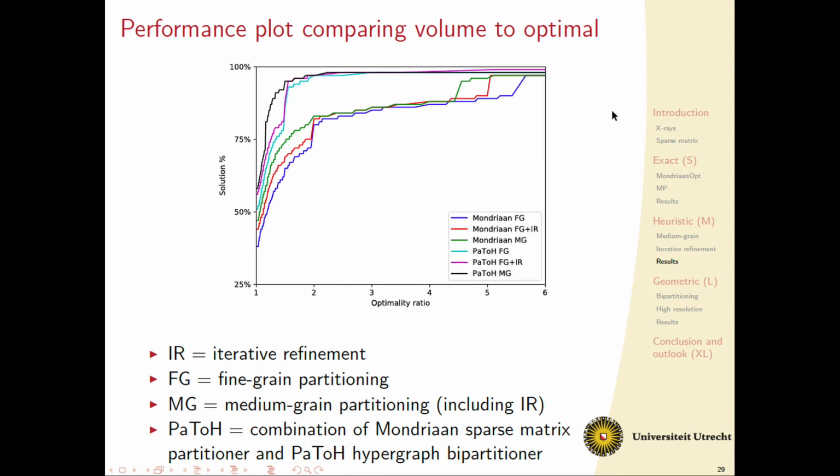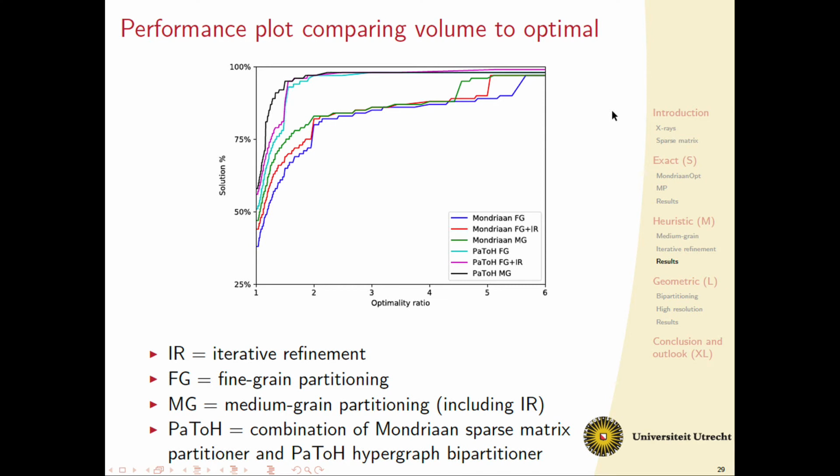For example, a 2 means that the total communication volume is twice that of the optimal solution computed by our MP solver. And you see that for the best methods, about 95% will be solved within that factor. And that's for all the matrices for which we managed to get an optimal solution, which is about 800 matrices. And so you see 6 methods here.